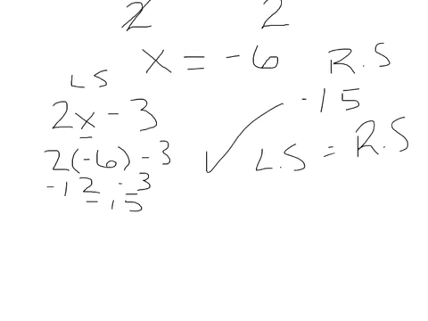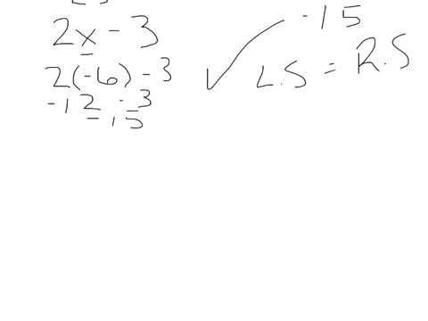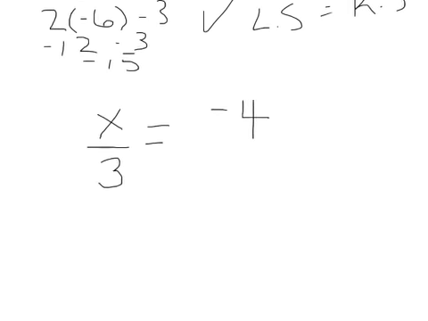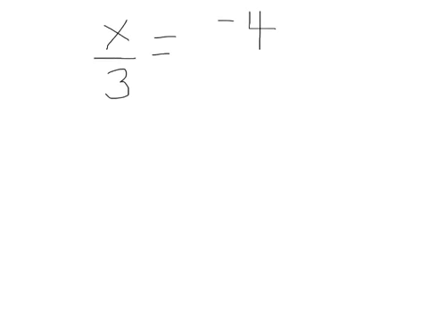One last example that we're going to look at here is x divided by 3, x over 3, is equal to negative 4. In order to solve that, we have to first look at our x divided by 3 and realize that operation is division. The opposite of division is multiplication.